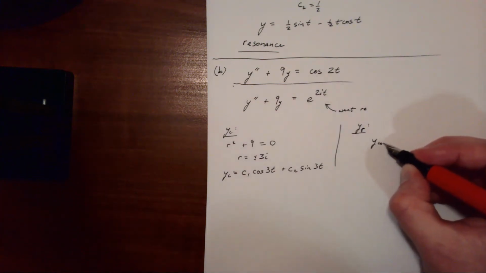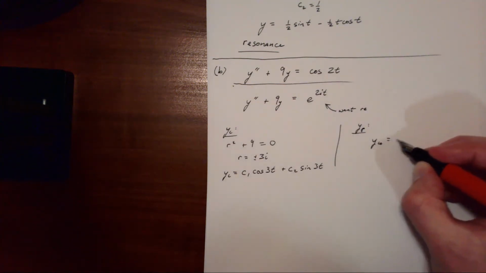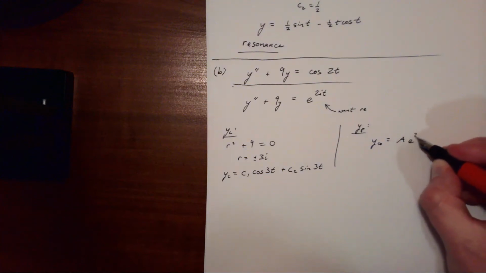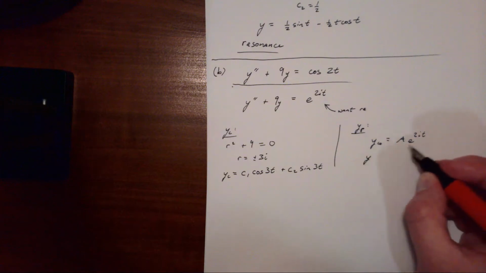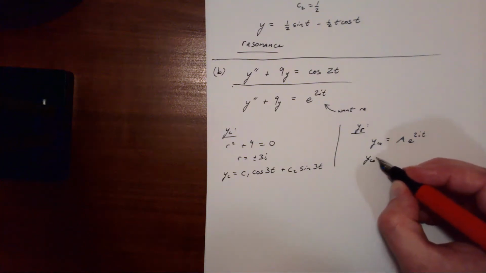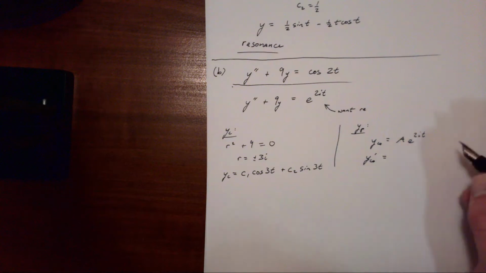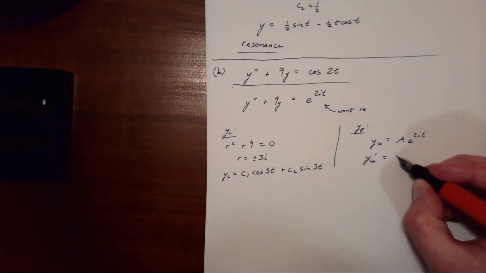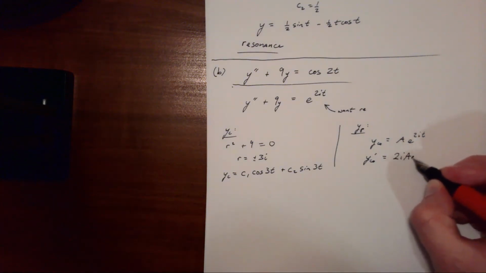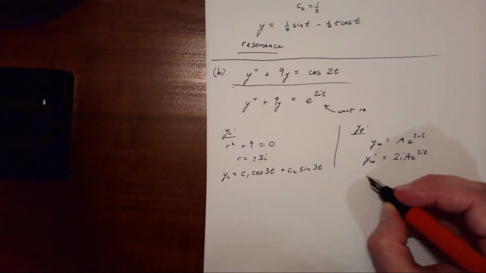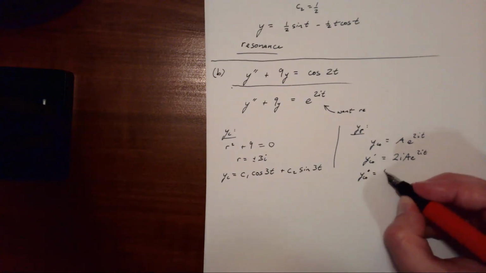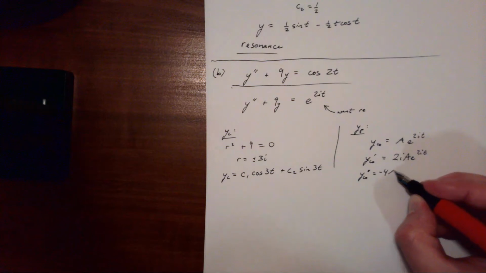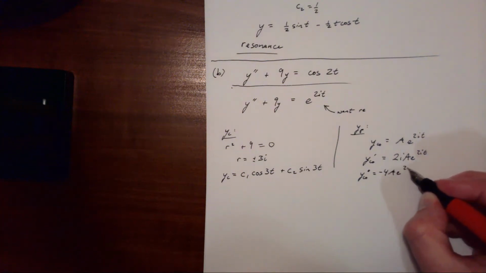So the y complex here is going to be a e to the 2it. So that's good, no duplication, so I can proceed according to my usual patterns. So then 2ia e to the 2it will be the first derivative, and the second derivative will be now negative 4a e to the 2it.